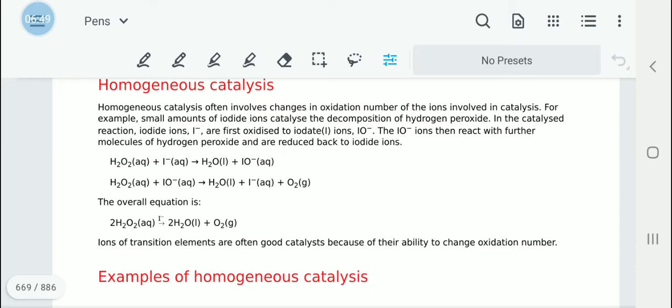Then write down homogeneous catalysis. Most often, homogeneous catalysis involves a change in the oxidation number of the catalyst. Example, catalysis of H2O2 to water and oxygen in the presence of iodide.